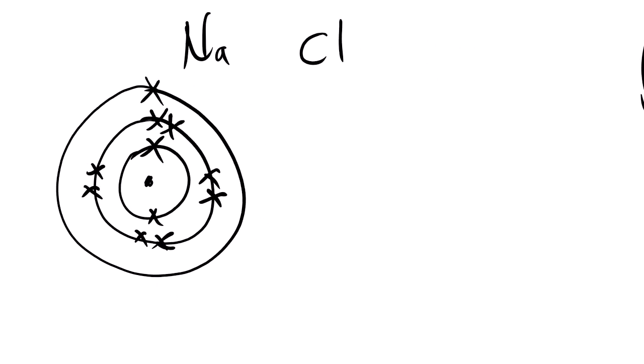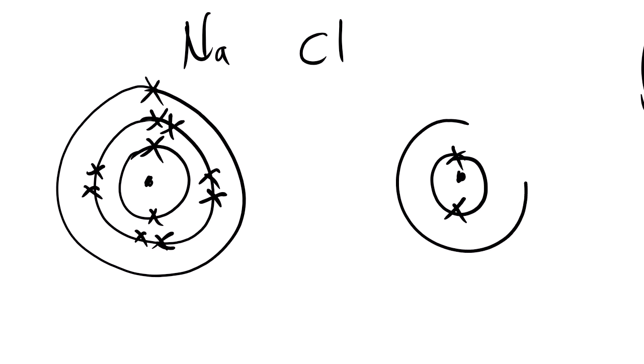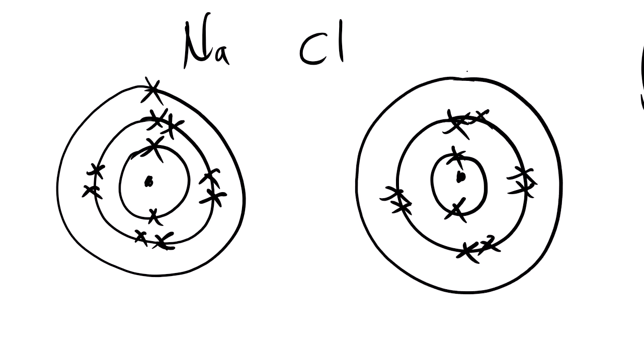Then for chlorine, you have the nucleus, you have 1, 2, then you have another shell, you have 1, 2, 3, 4, 5, 6, 7, 8. You have 8. You draw another, 1, 2, 3, 4, 5, 6, 7 here.